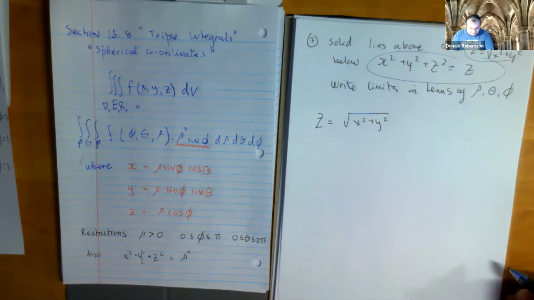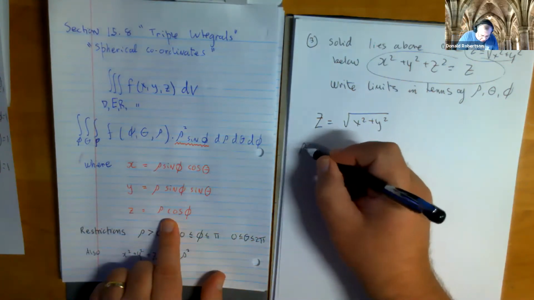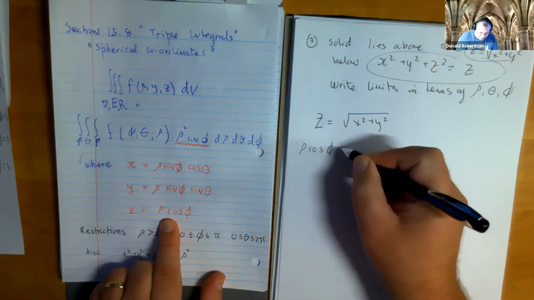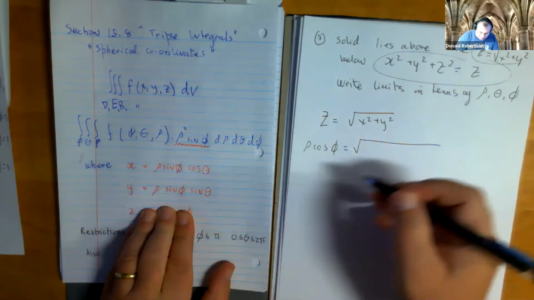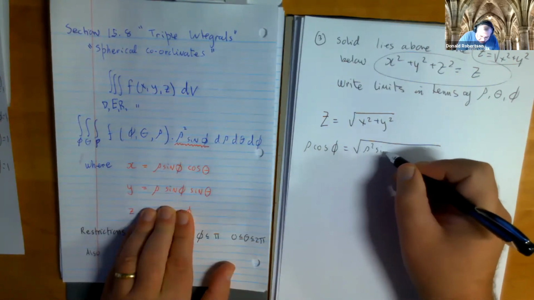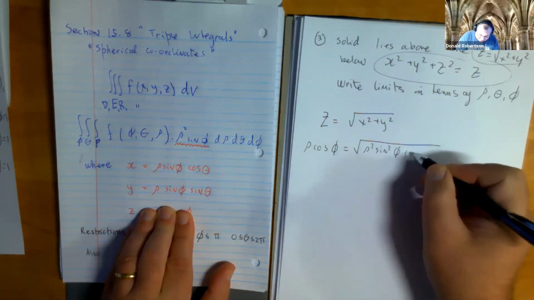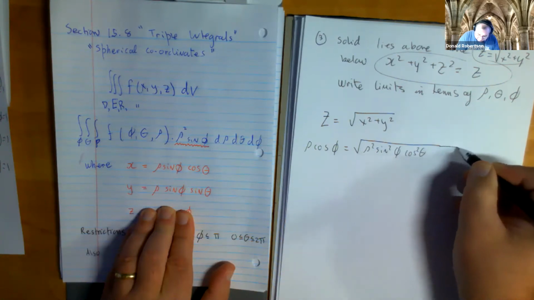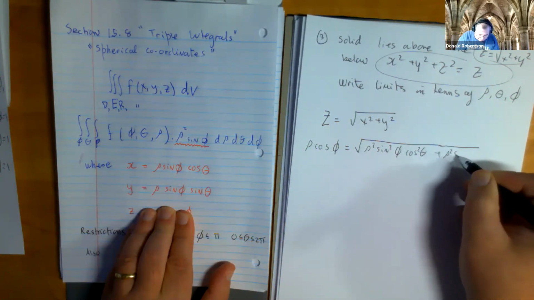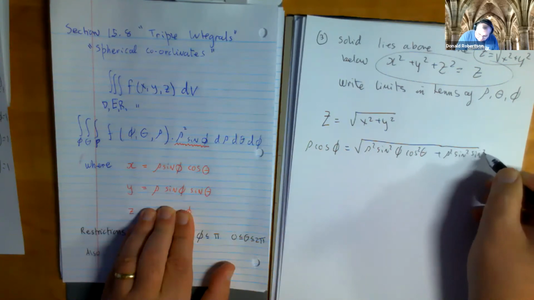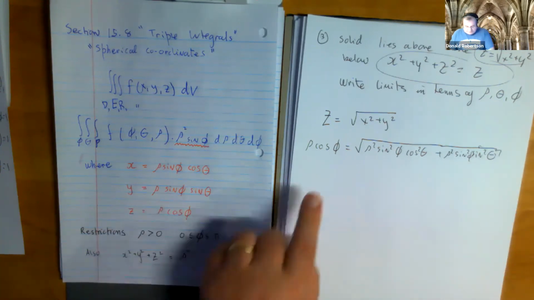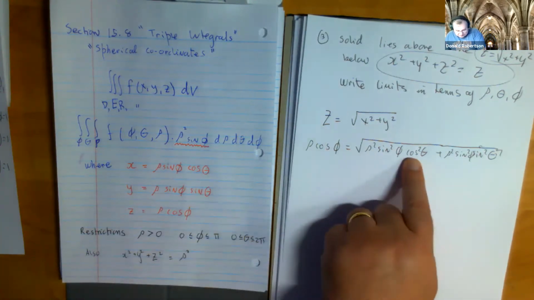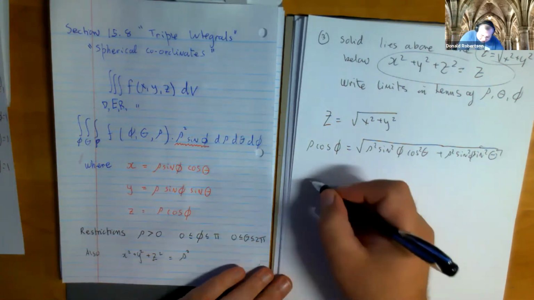So in this case, we have z equals the square root of x squared plus y squared, and z is rho cosine phi, and it's going to be the square root of this guy squared plus this guy squared. I'm going to do the squaring as I write it. Z is this guy, this is x squared, plus this is y squared.